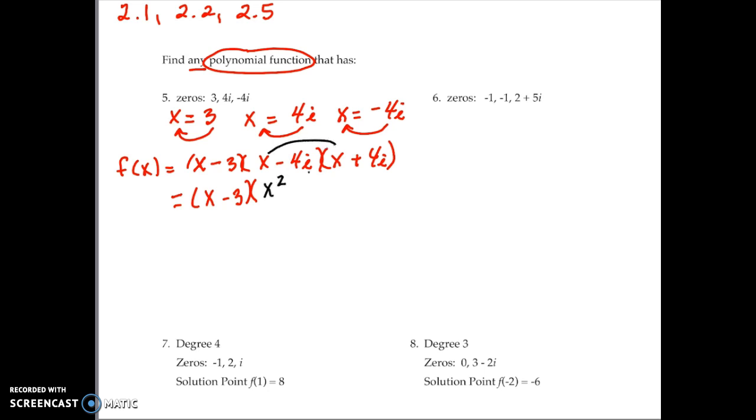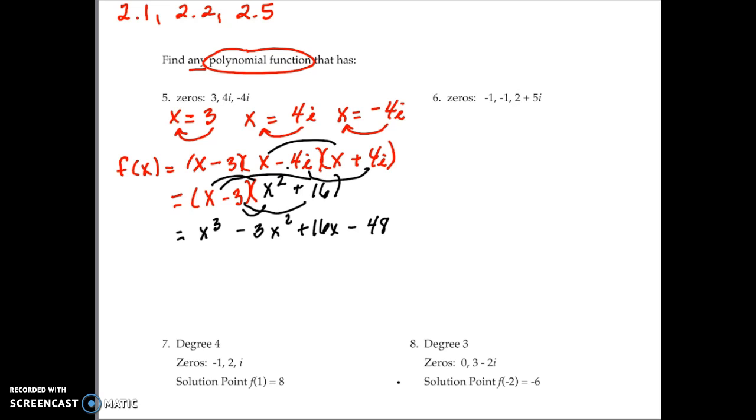So x squared, and a negative times a positive would give me negative 16i squared, and as you can recall from class, negative 16i squared converts to positive 16. And now we can multiply these final two binomials: x cubed minus 3x squared plus 16x minus 48.